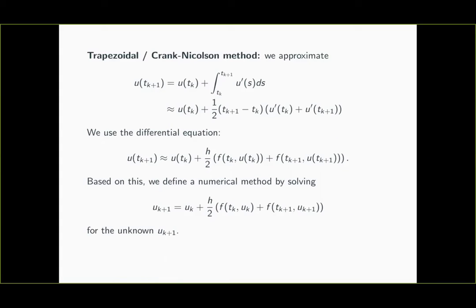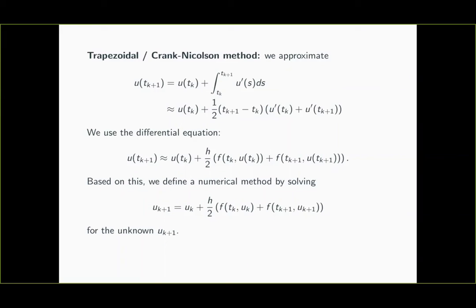This time I approximate the integral by the trapezoidal rule. So you remember that the trapezoidal rule is defined by taking the value of the integrand at the left and the right endpoint of the interval and summing them up with weight the interval length over 2. That leads to the following approximation, namely u at tk plus 1 is roughly the same as u at time tk plus 1/2 times the interval length tk plus 1 minus tk times u prime at tk plus u prime at tk plus 1.